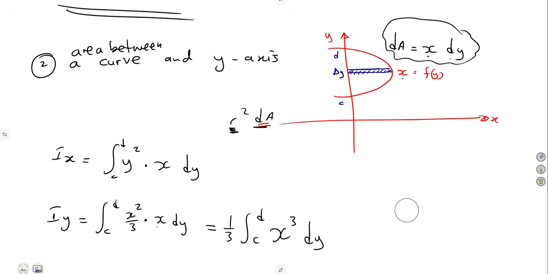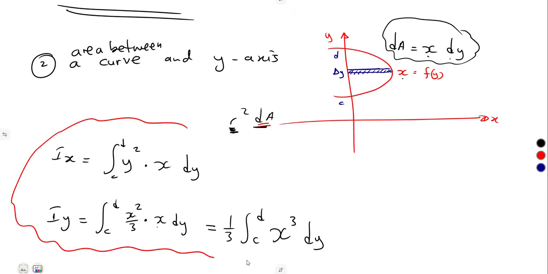So every time we are asked to calculate the second moment of area where the representative strip is for y, these are the two formulas that you're going to expect to use, depending on what you're given. You just consider, guys, how are they related?